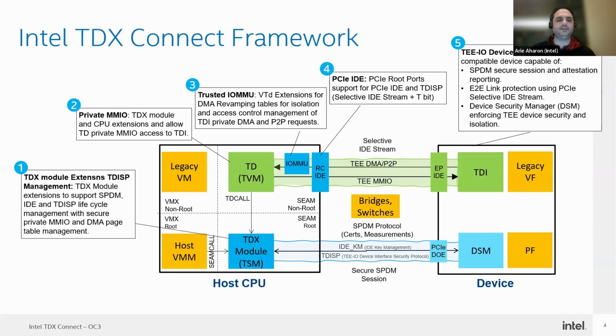And finally, it uses secure management of MMIO mapping and DMA mapping to ensure the isolation of devices between TVMs, ensuring that the MMIO inside the device is isolated between different TVMs or TDs, and that the device which is assigned and accepted into the TCB of the TD can only access the TD assets and nothing more than that.